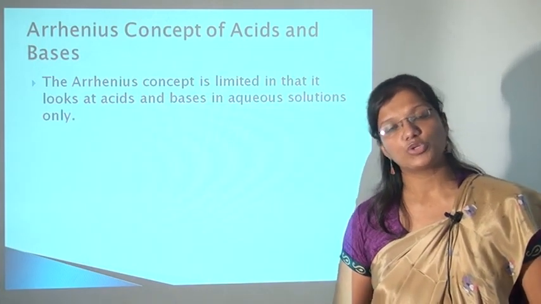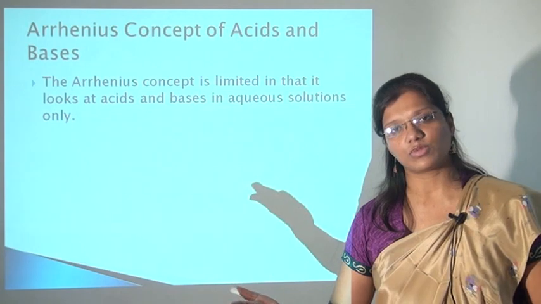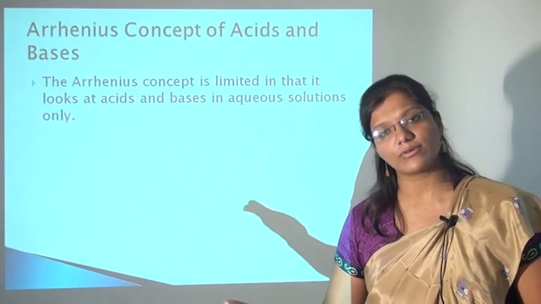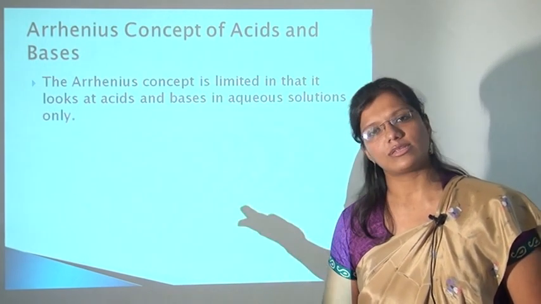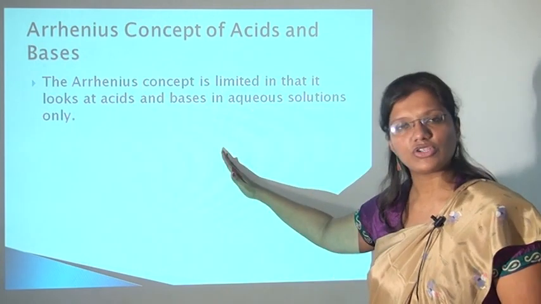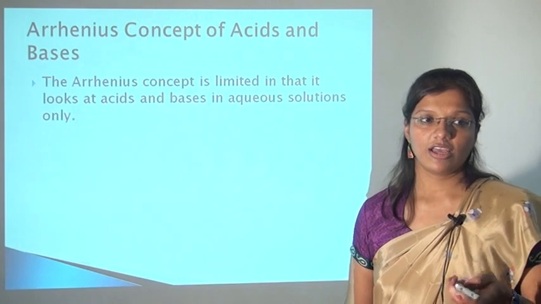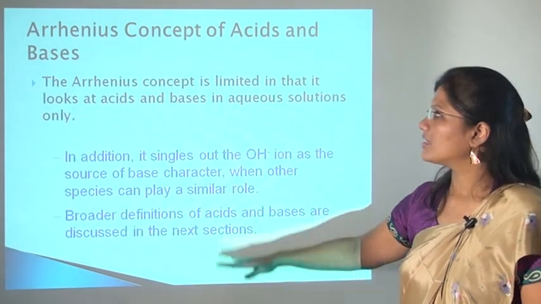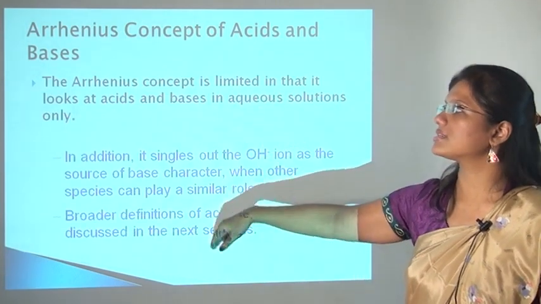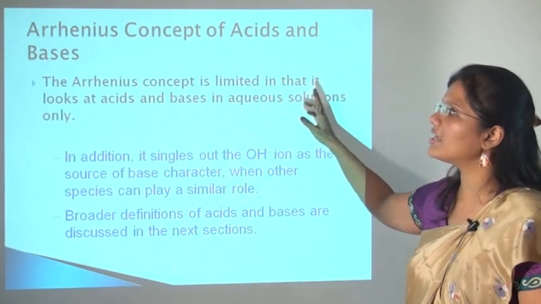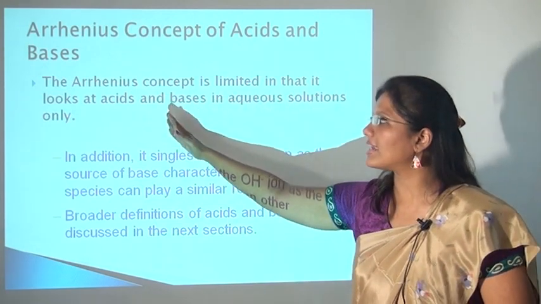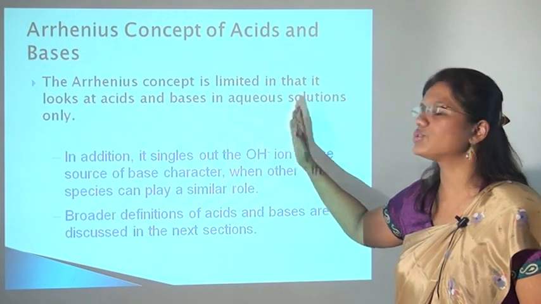Now, limitations of the Arrhenius concept. What is the need to go for any other concepts? Why are we going for the Lowry-Bronsted concept and the Lewis concept? Because of the limitations of the Arrhenius concept. The first and most important is that the Arrhenius concept is limited in that it looks at acids and bases in aqueous solutions only.